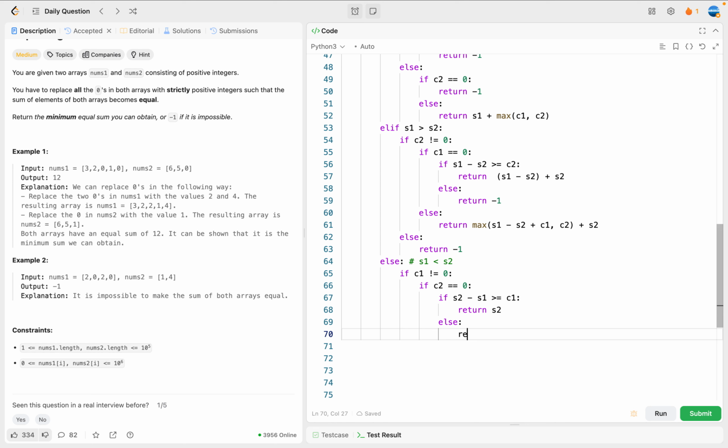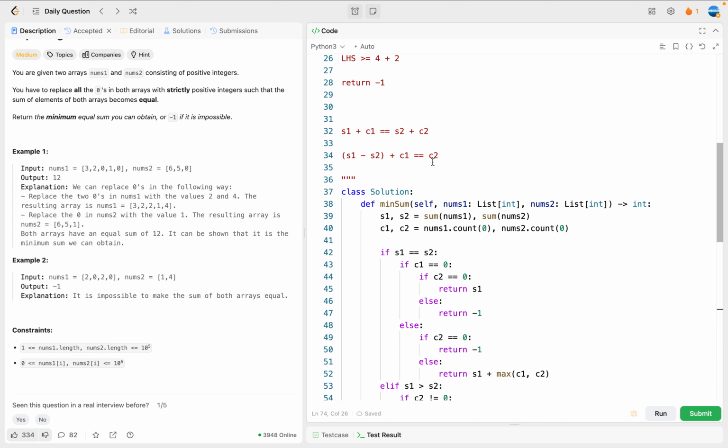Otherwise, I'm going to return negative 1. Another case is that we're going to return S1 plus the max of C1 and S2 minus S1 plus C2. So this is one. Otherwise, I'm going to return negative 1.